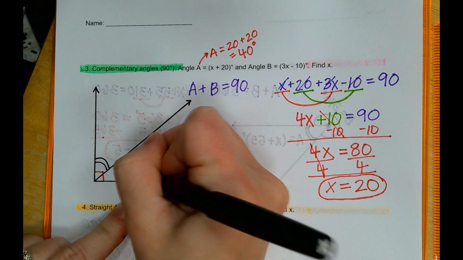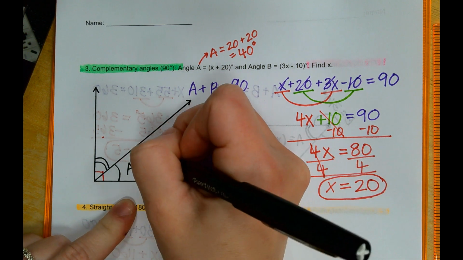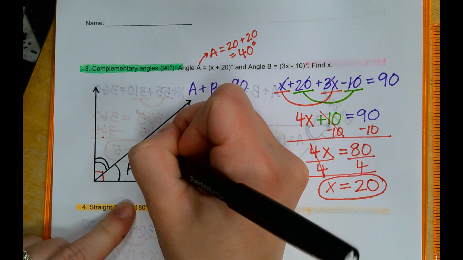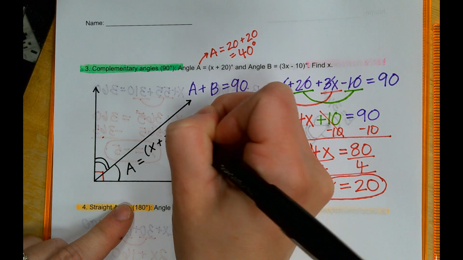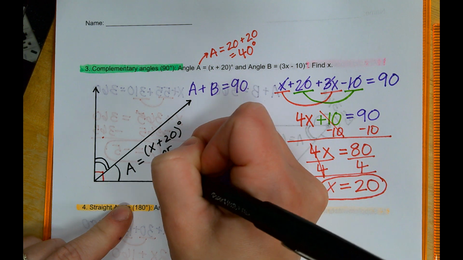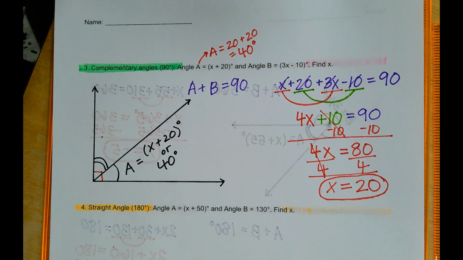I'm going to write x plus 20 degrees or 40 degrees. I'd be fine with either one.